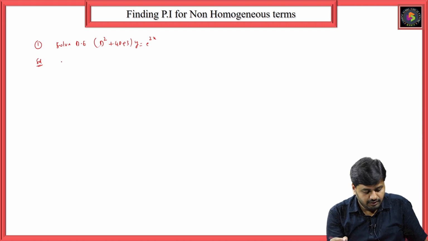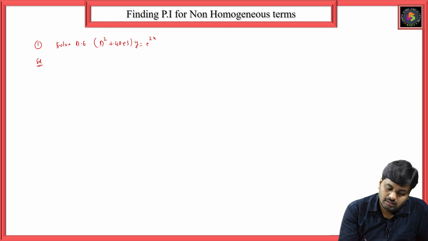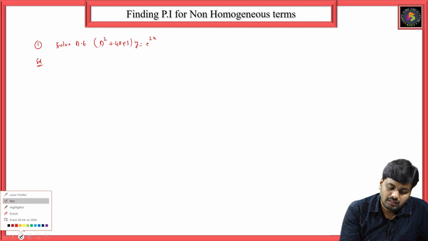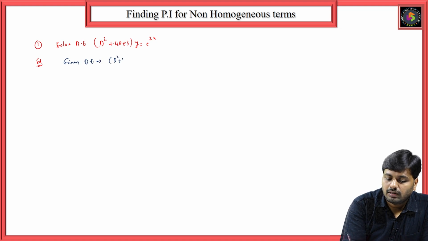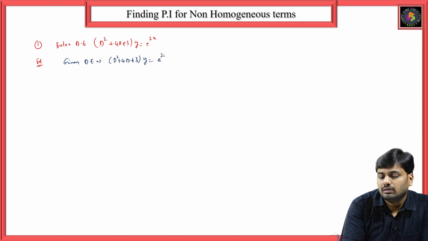We'll find out the complementary function first, and then the solution. The given differential equation is (D square plus 4D plus 3) of y equal to e power 2x.